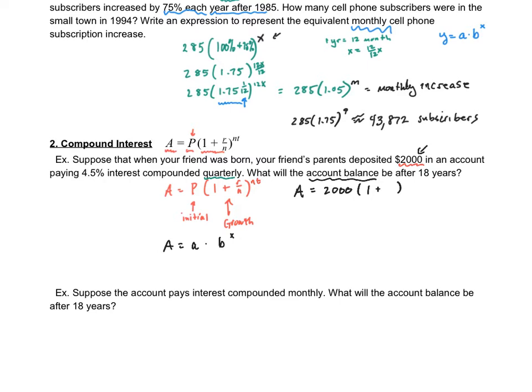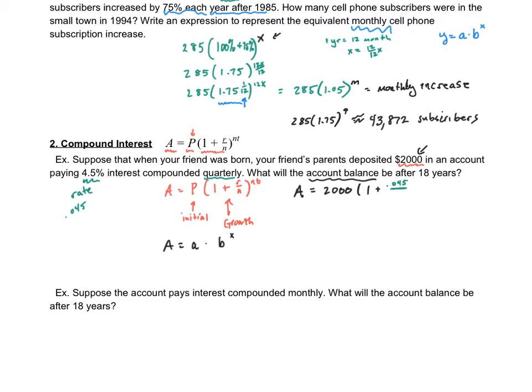The rate is going to be r right here. That is my rate, 4.5%, which we should be able to say is 0.045 as a decimal. So replace r with that decimal. So it's going to be 0.045 over n.